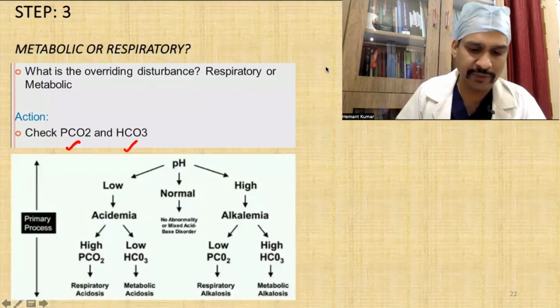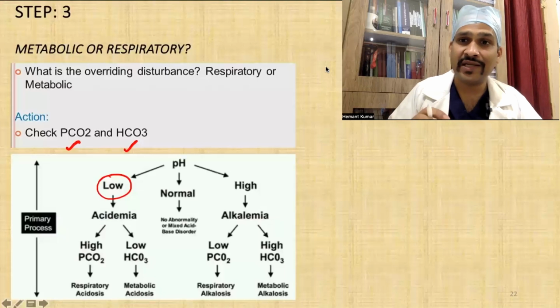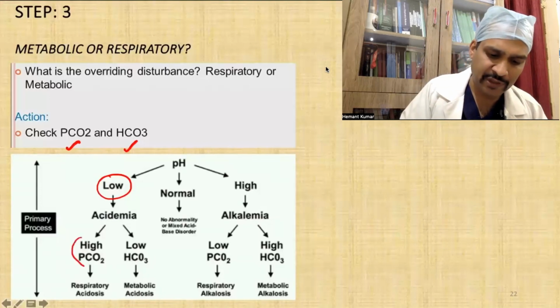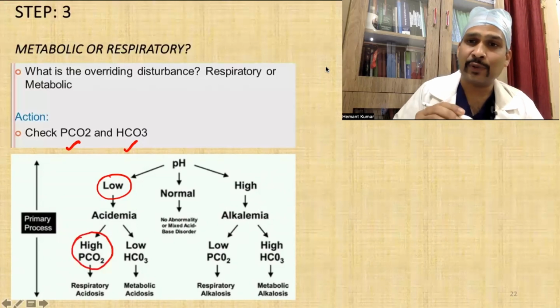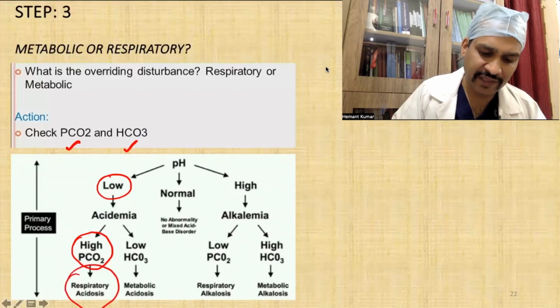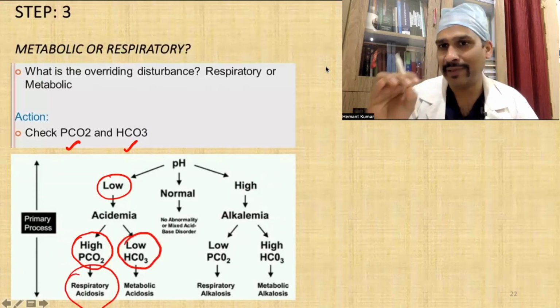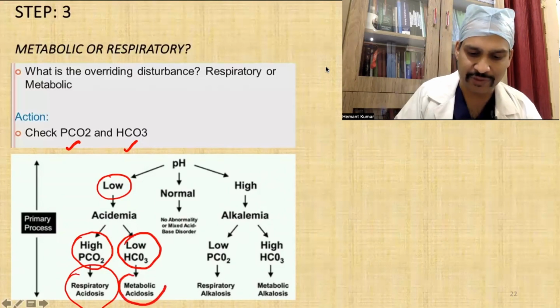So this is a beautiful table. In that you can see if pH is low, it means there is acidemia or acidosis. If there is high PCO2, it means the problem is in the lungs. It is respiratory acidosis. If there is low bicarbonate, I told you bicarbonate is for metabolic, this is metabolic acidosis.